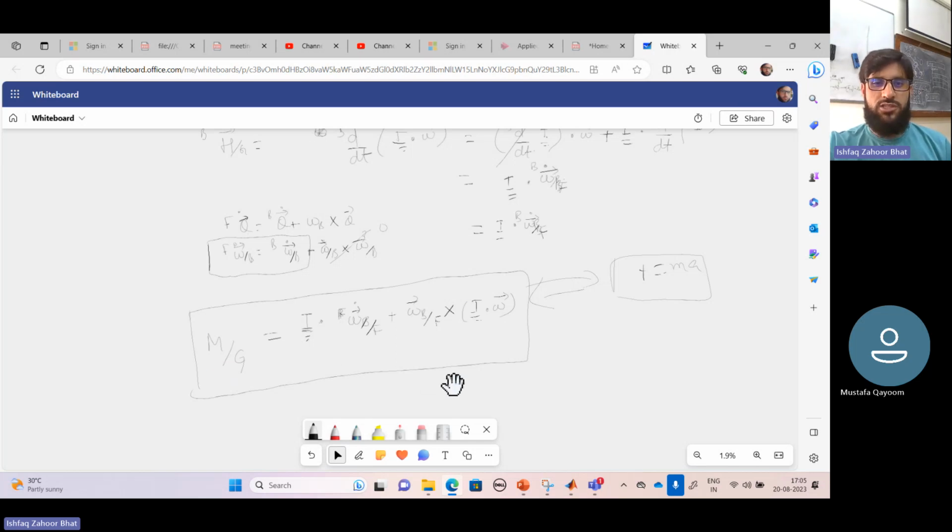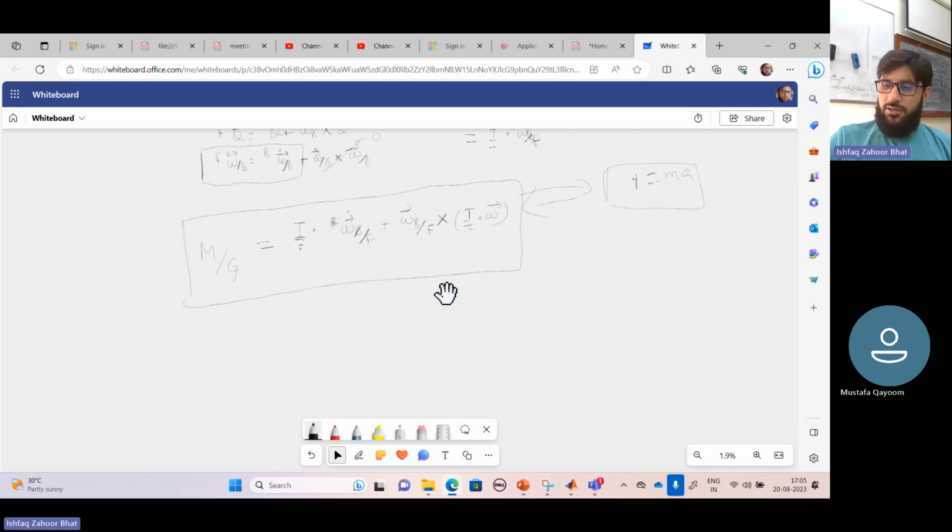So from this equation, what you will get is omega dot of the body. Okay, so you will get this. How? You will get it like this: I inverse times, the torque minus omega cross I dot omega.